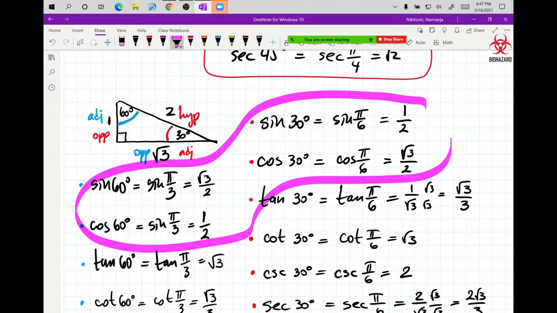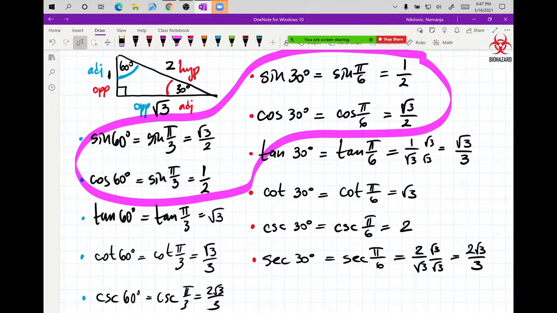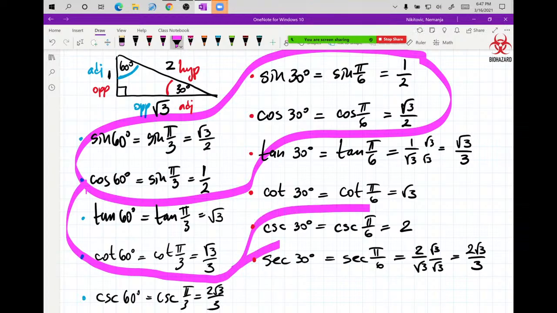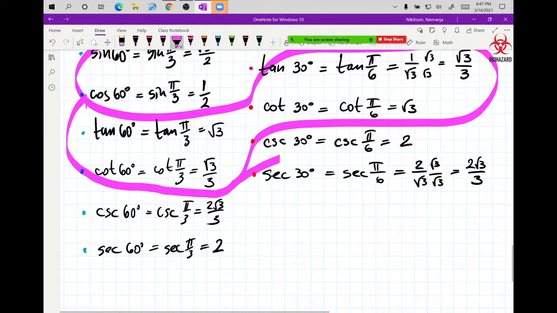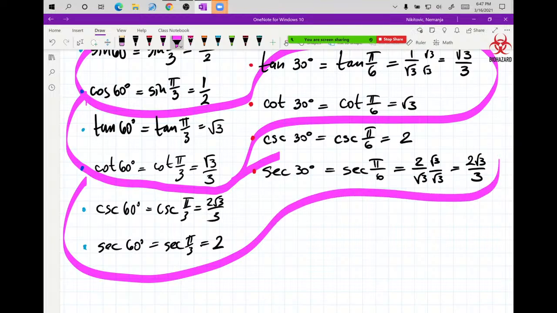So let's go into this peanut over here. Do you see that sine and cosine just flipped the values? Yeah. And then next peanut. Right? They're just flipped. And the final peanut over here.